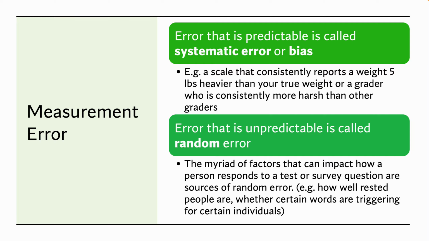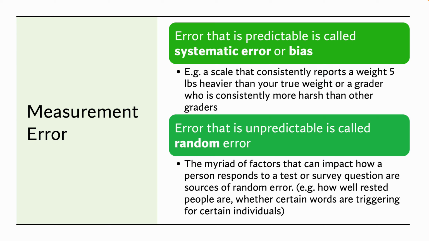We all differ in how well rested we are before we sit to take an exam, or we differ in our experiences, to the extent that if we're being asked questions about our beliefs, maybe social justice type things, there may be words that are slightly more triggering and lead to different types of response behavior amongst individuals. Those kinds of things that we aren't really aware of as potentially affecting our measurement can cause inconsistency and randomness in our measures.